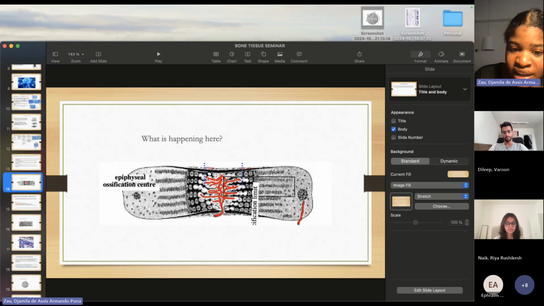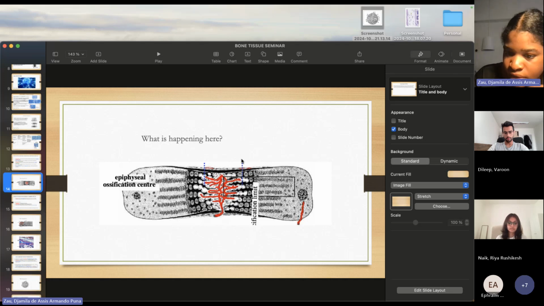So now that they created this cavity, do you know what this red thing is? Nine times out of ten, when you see histology and you see something red there, they're talking about capillaries or vessels. So we have the capillaries entering the cavity, the primitive cavity.